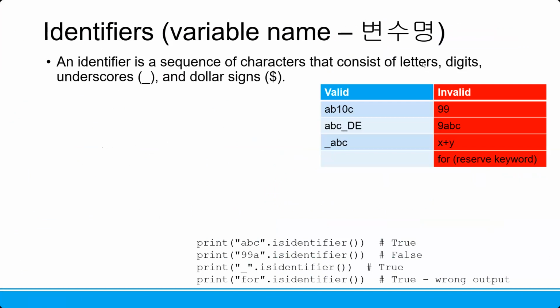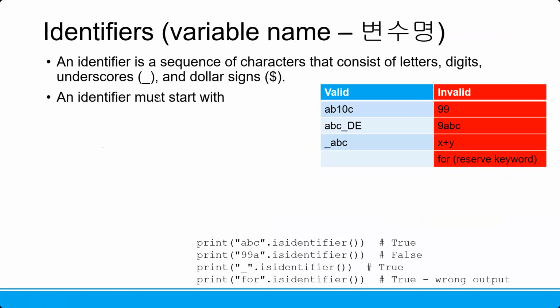Letters mean A, B, C, D, E. Digits, it means numbers. Underscores, underbar, and dollar sign. Okay. Other than this, it is not possible to be used for the variable name.